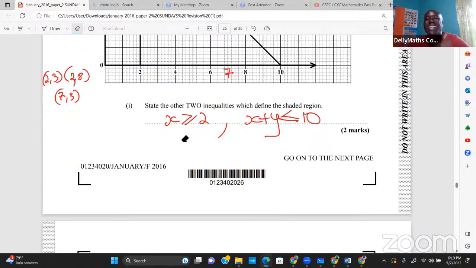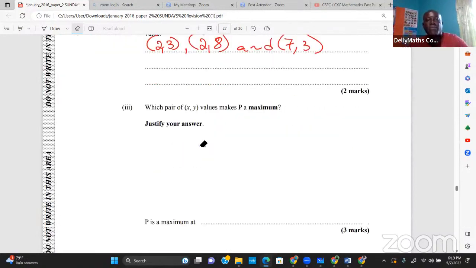All right, so now let's see the context. What else do they want? Which pair of coordinates x and y makes P maximum? Justify your answer. The justification is simply your working out. So you're going to work out using the profit function.